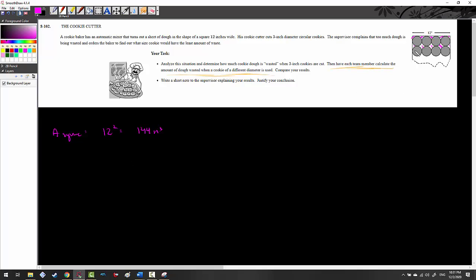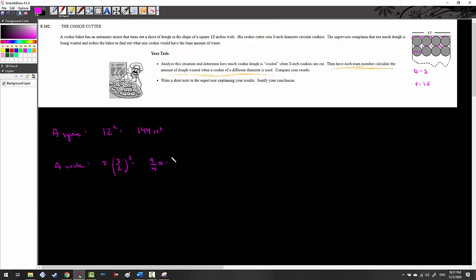So remember, if the circle has a diameter of 3, that means that the radius is 1.5. So then that means that the area of the circle is going to be pi times 1.5 squared, or 3/2 squared, which is going to be 9/4 pi. Now that's the area of one of the cookies.